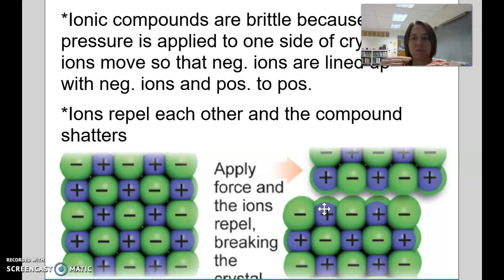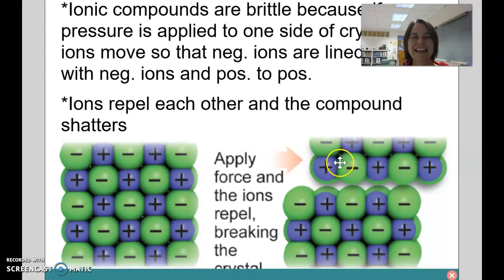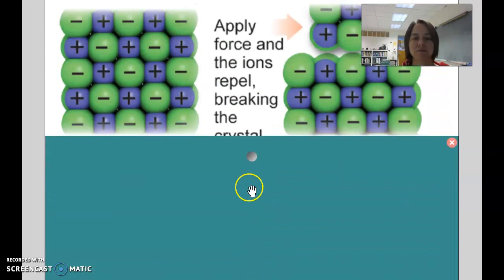If you hit gold, it will deform and stay there, whereas salt will shatter. So salt is not ductile or malleable. It is brittle.